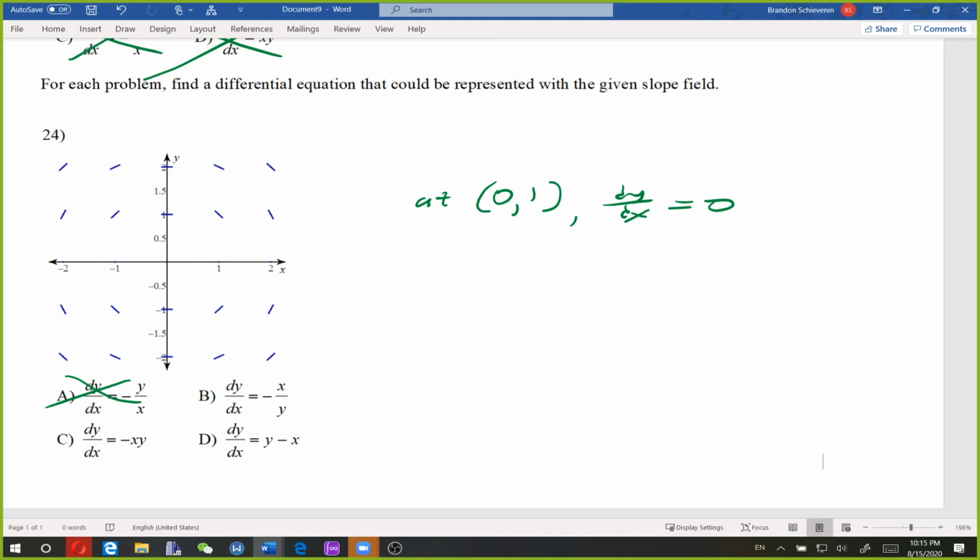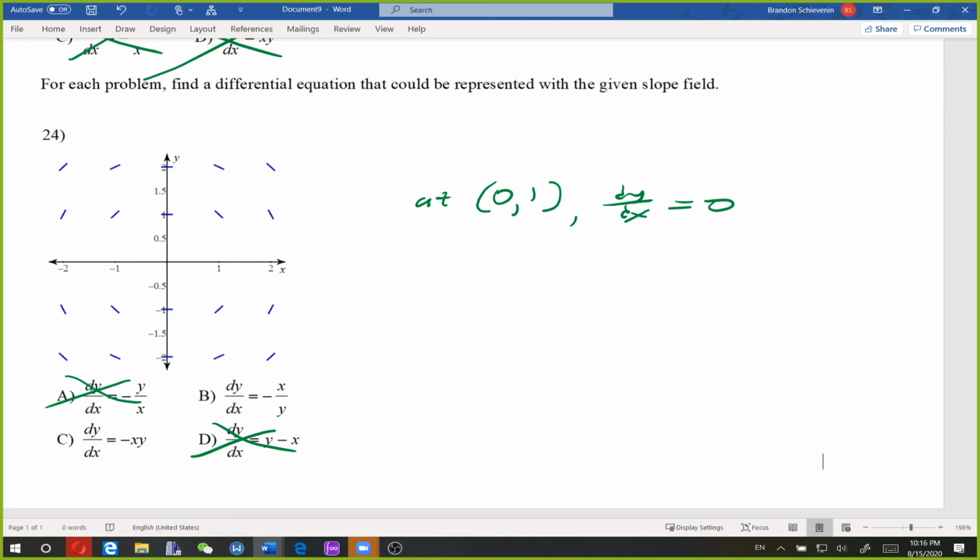True. What about C? Okay, C is also true for this point, and D. Not true. Okay, so even just picking one point, we've already eliminated half of our answers.